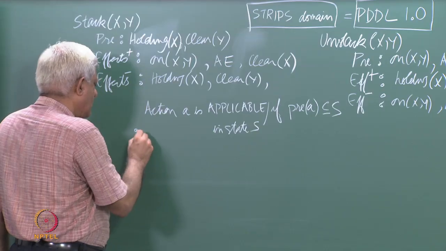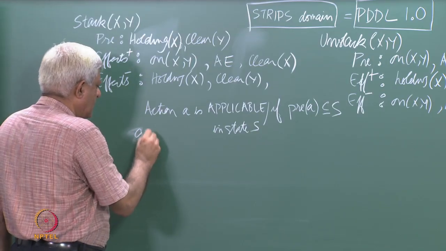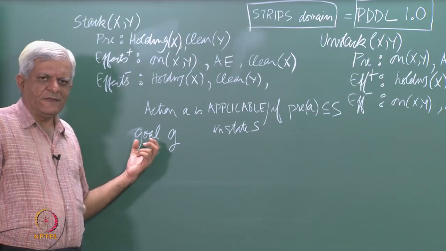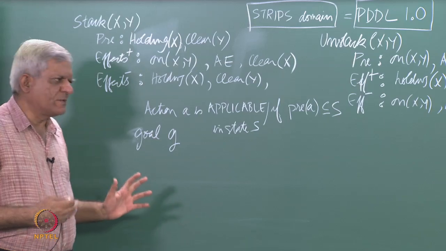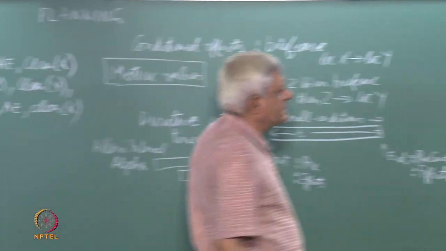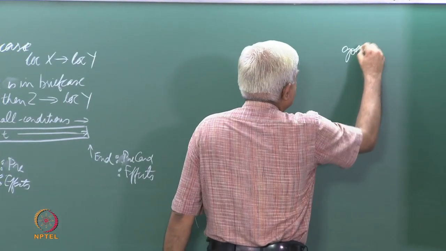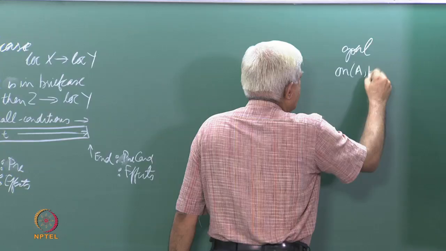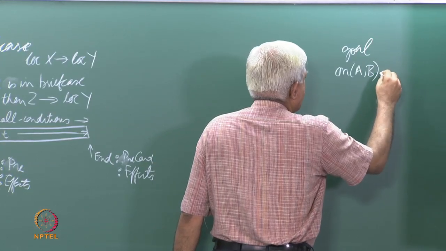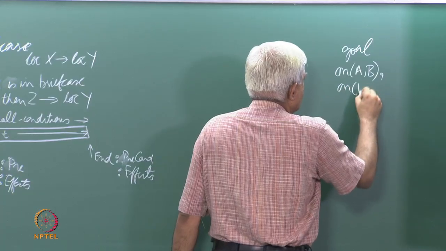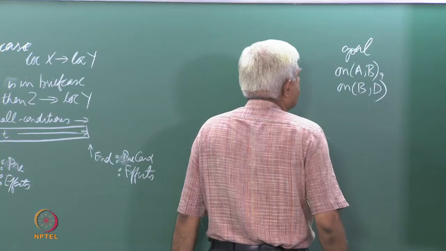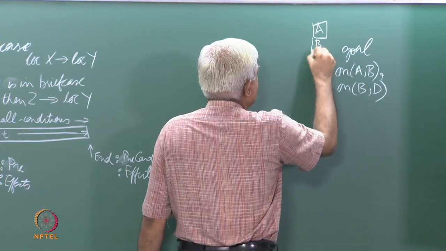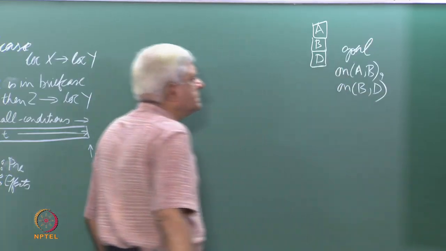Likewise, we say a goal. So, when we say goal G, we essentially mean a set of predicates that we want to be true. So, for example, today we will look at an example where the goal is the following: on A B and on B D, let us say, which stands for the fact that A is on B and B is on D in the blocks world domain.